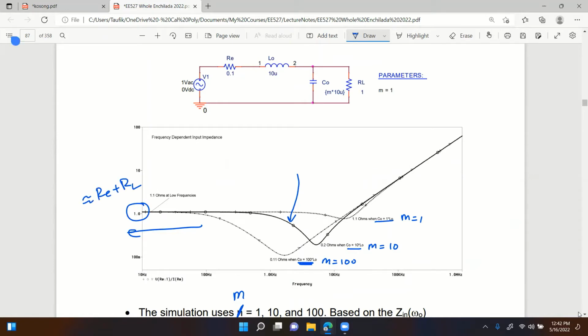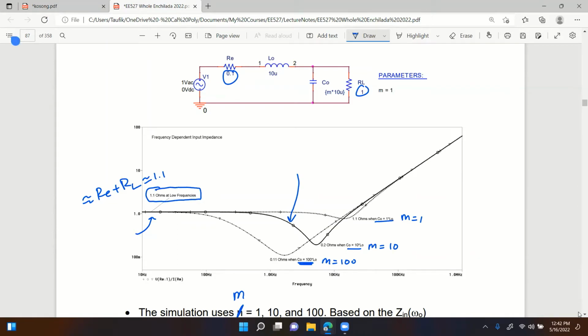Is that the case here? Yeah, you see, RE is 0.1, RL is 1, so it's about 1.1. You can see the flat line right there is slightly above 1. So 1.1 ohms at low frequencies.